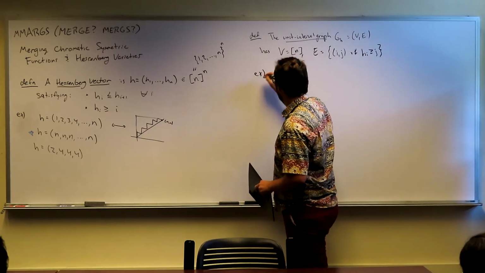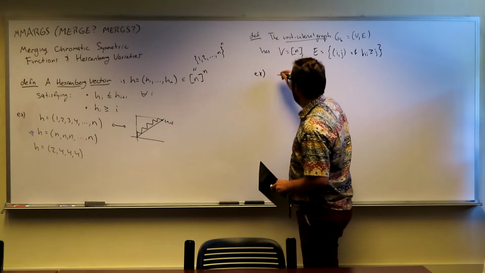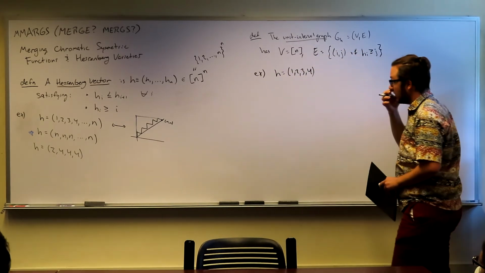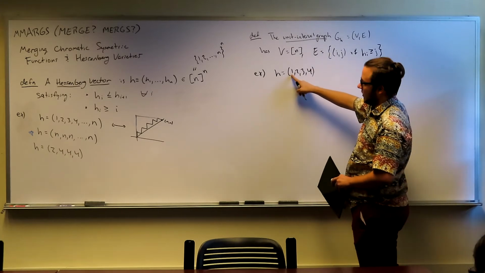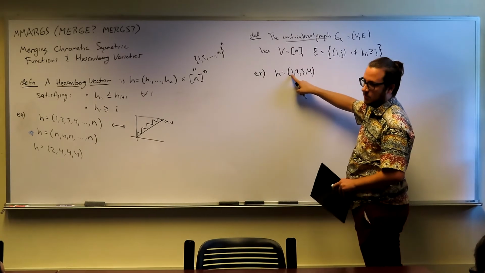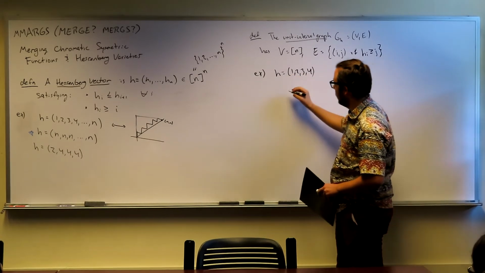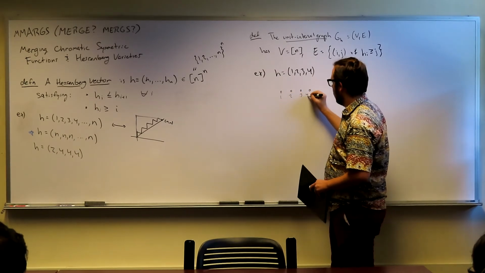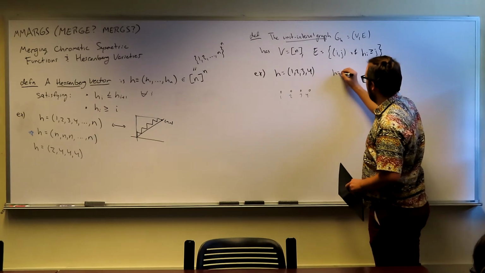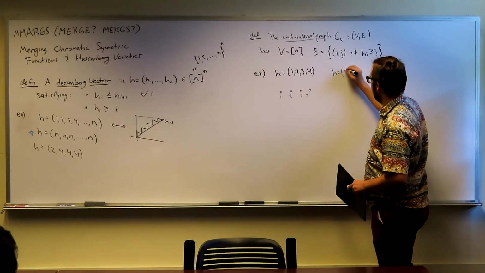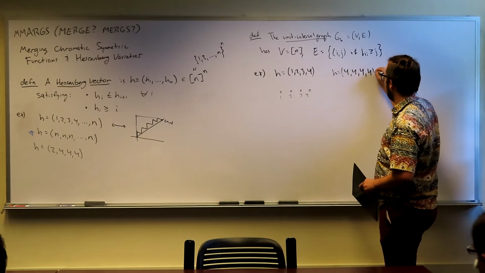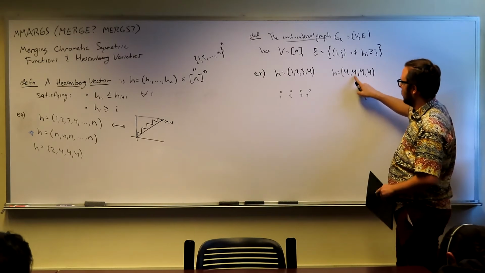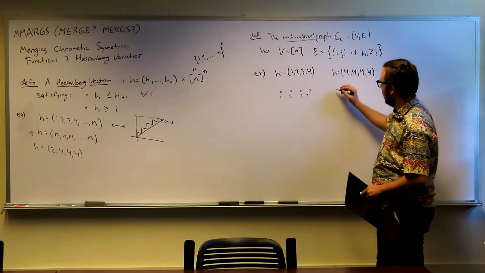So, a couple of examples. For my lowest Hessenberg vector, this tells me vertex 1 cannot connect to anything above 1, vertex 2 cannot connect to anything above 2. This is just a graph of 4 isolated vertices, and we'll label them 1, 2, 3, 4. For the other extreme end, if I have 4, 4, 4, 4, that tells me vertex 1 is connected to everything from 1 to 4, vertex 2 is connected to everything from 2 to 4, and so on.